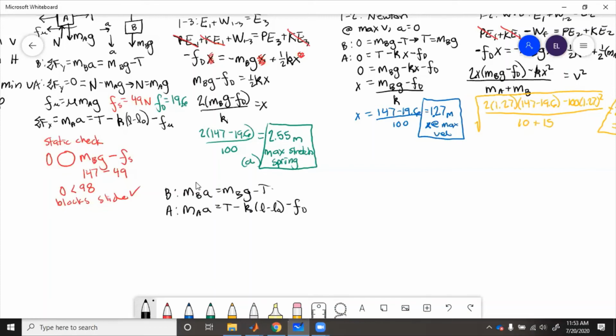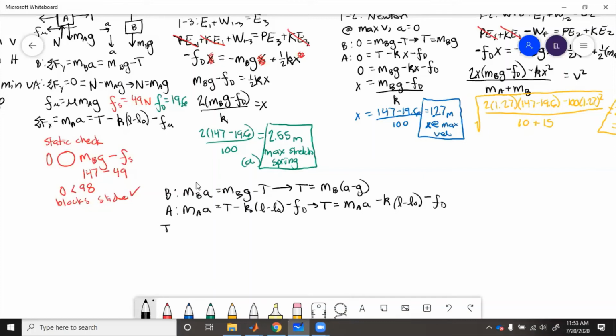Well, if we rearrange here, we get T equals MB times (A minus G). Here, T equals MA A minus K times (L minus L initial) minus dynamic friction.